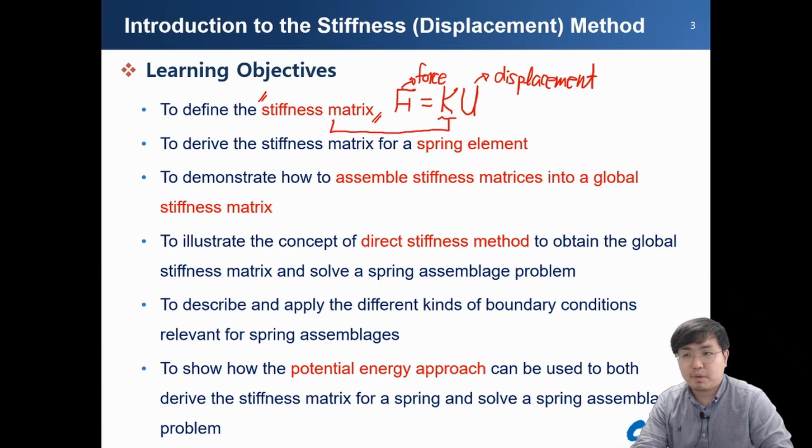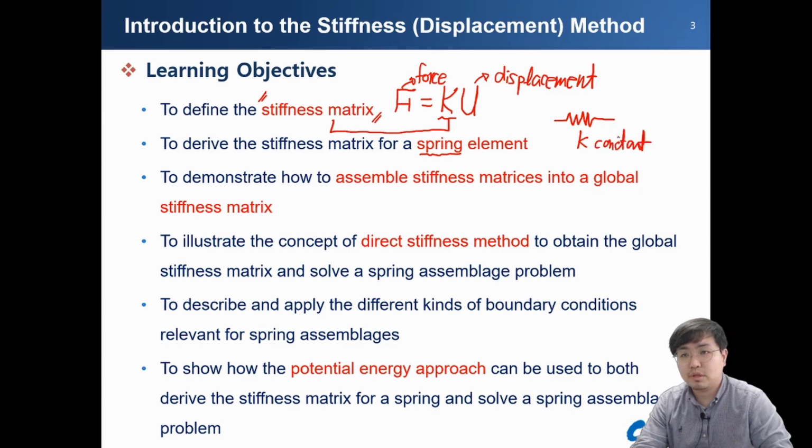You can easily expect this. Let's assume that we have a simple spring element or spring system. Here we say that this is a spring constant.